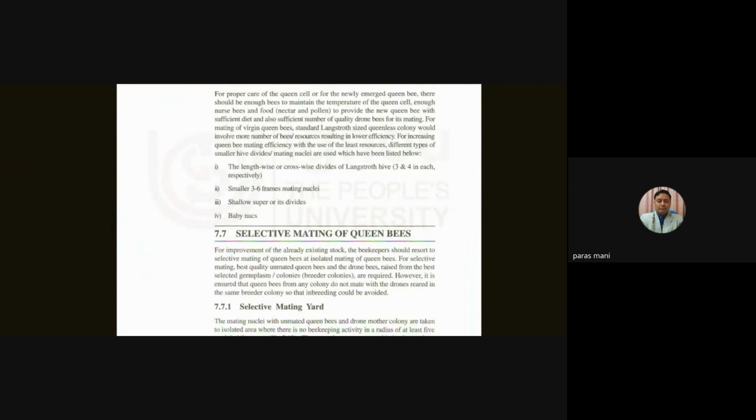In such conditions, separate care may also be taken for each cell.